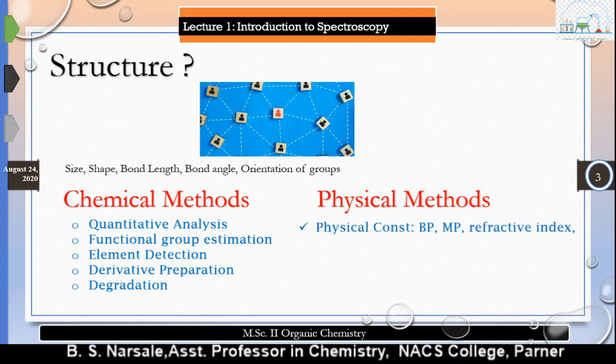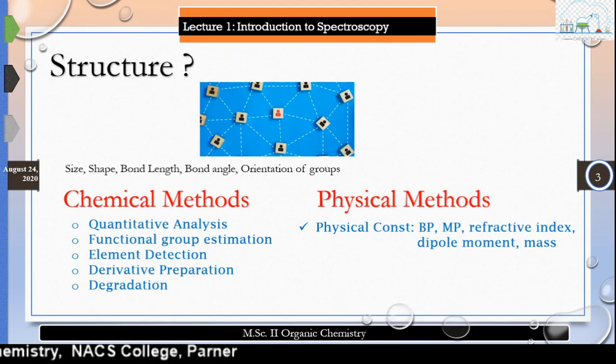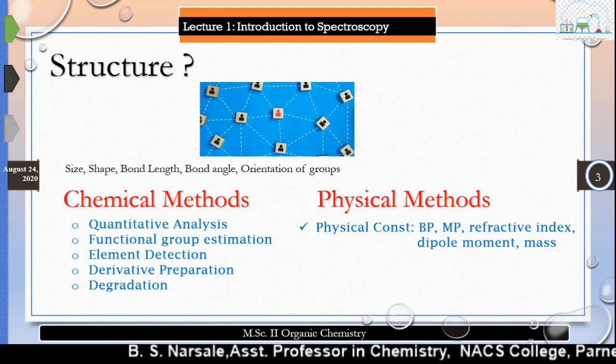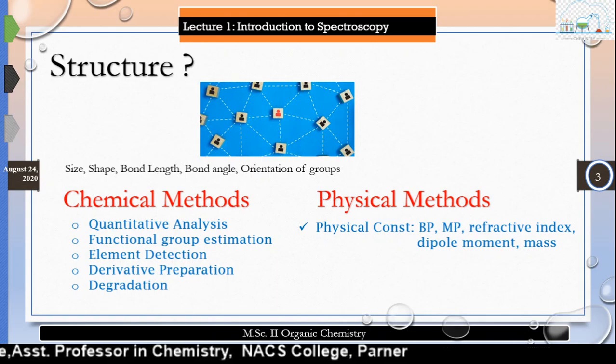Basically, physical constants, which include boiling point, melting point, then refractive index, dipole moment, mass, etc. These physical properties also give an idea to determine a structure.